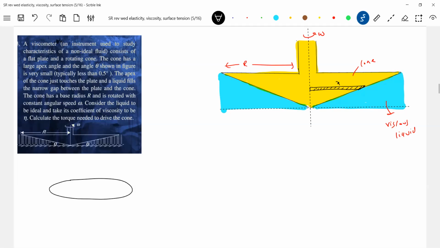This is the radius of the disk. The structure will be, okay, I think I'm okay. This will be dr. This will be dr. You can write it.